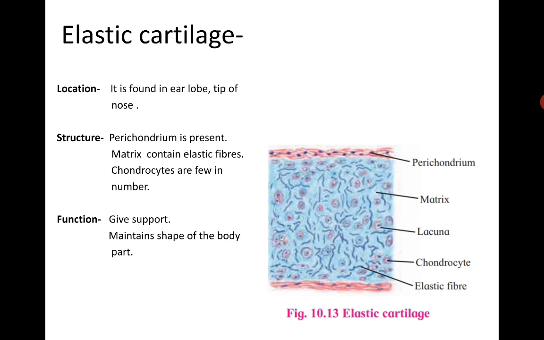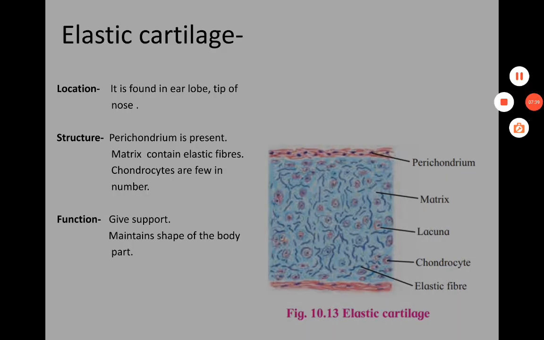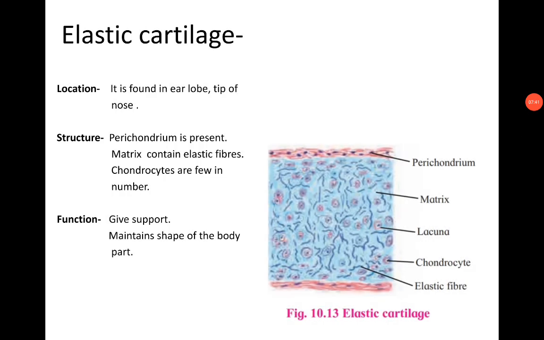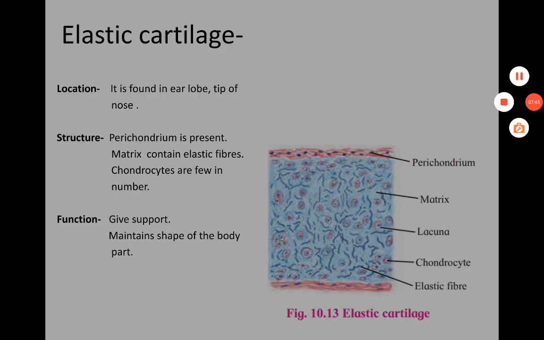In the chondrocytes also lacunae are present, but the quantity of chondrocytes is less in elastic cartilage. There is a lot of yellow fiber to provide elasticity to the tissue, but white fiber is absent.